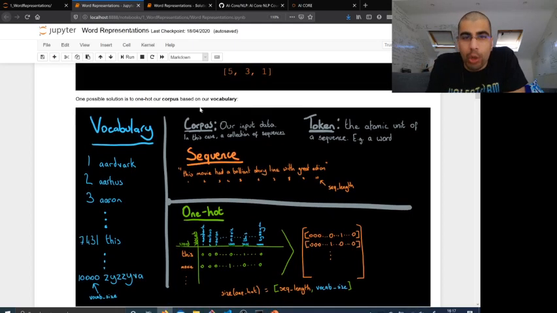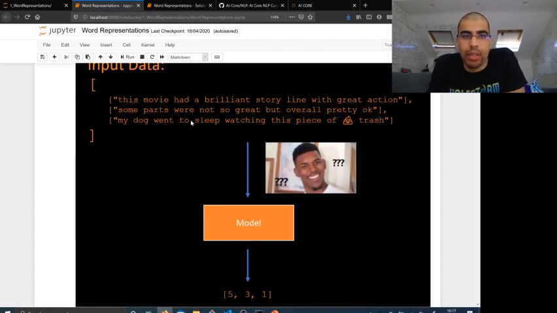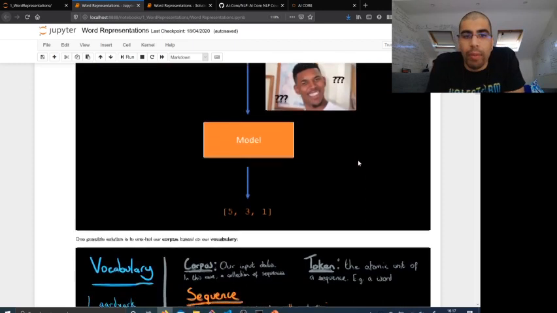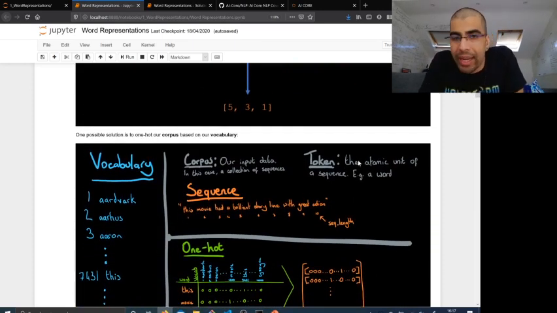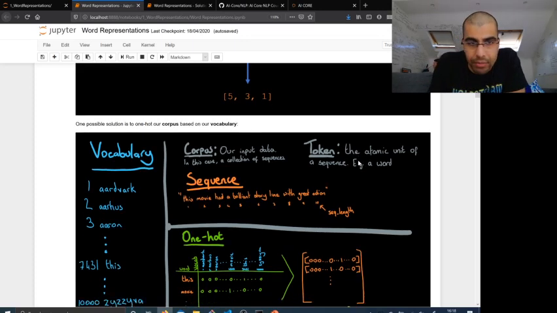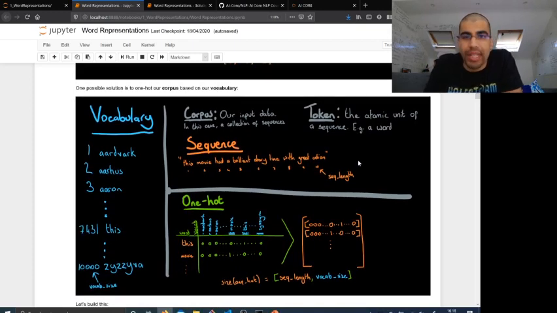Our corpus is basically our input data, and in this example it is the collection of these sequences. So our corpus is this sequence, and this sequence. When we look at language modeling and more complicated examples, we might be using the whole of Wikipedia as our corpus. It's just the natural language term we assign to our input data. Our vocabulary is the set of unique tokens in our corpus.